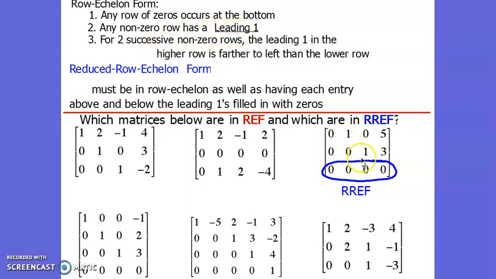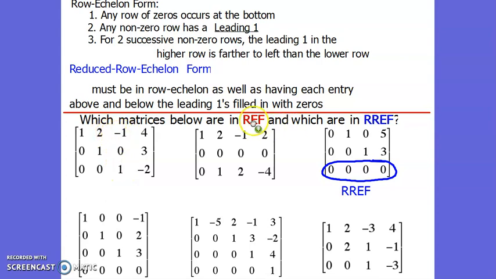So again, that 1 is the first number from as far left as you can go other than the zeros. And for two successive non-zero rows, the leading 1 in the higher row is farther left than the lower row. So notice again, this one is just a little bit farther left than this one, and there is no 1 at the bottom.